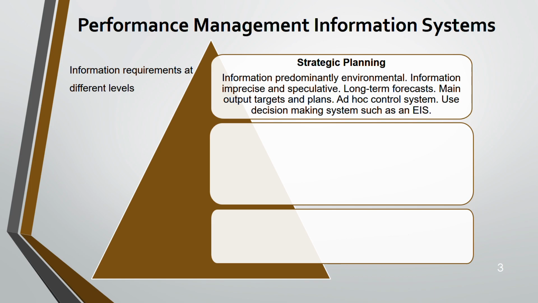Also the control systems are very ad hoc. It's not pre-planned that this is the time we are going to report. Suddenly, if they require any information, you have to prepare it for them ad hoc. And it is basically focusing on the external environment.